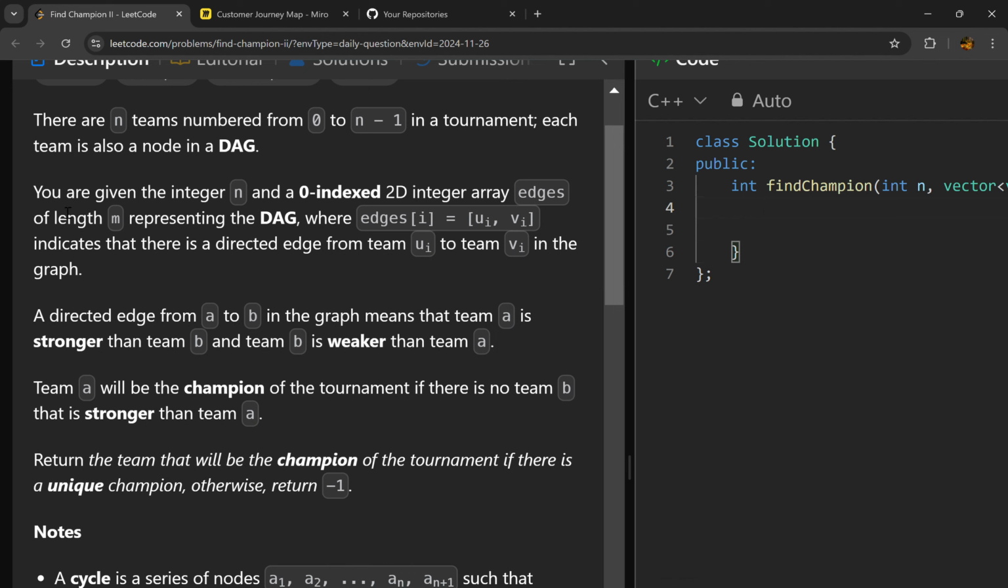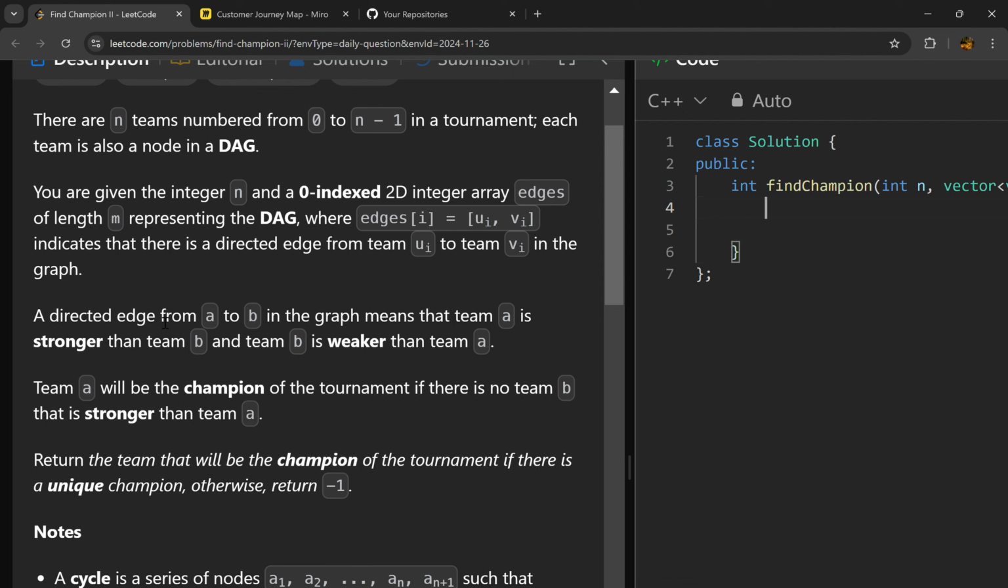You are given the integer n and the 0-indexed 2D integer array edges of length m representing the directed acyclic graph. edges[i] equals [u_i, v_i] indicates a directed edge from team u_i to team v_i in the graph.